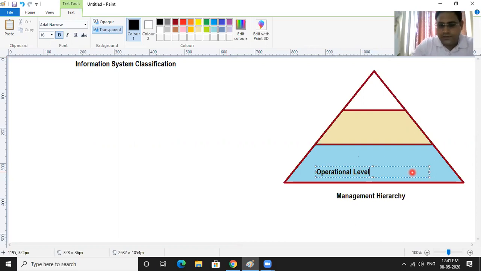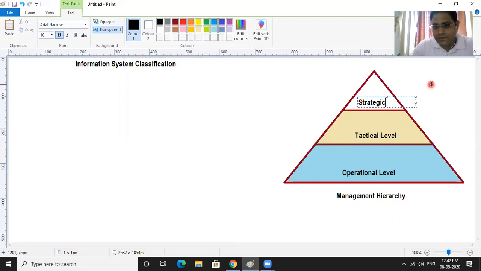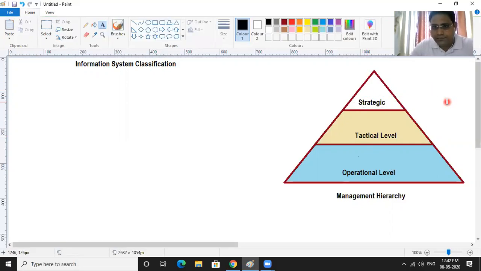So this is your operational level, this middle level is known as the tactical level, and the top one is known as the strategic level.